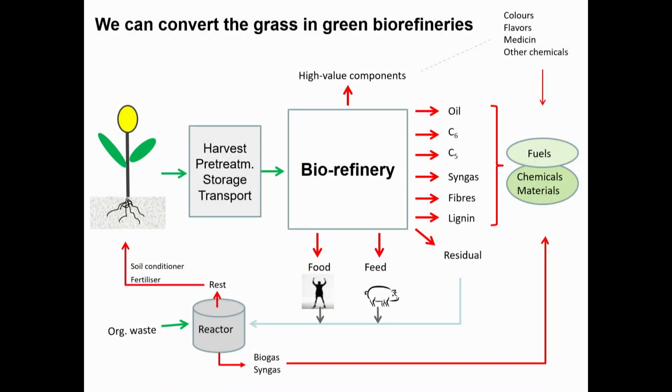You can decide yourself what green means, but here it's grass, and everything becomes green during the process. You can produce a lot of different products. We've chosen to focus on what we are good at in Denmark, food, feed and energy, the lower parts there, and then we expect that all of the higher value products could add to the business case later.